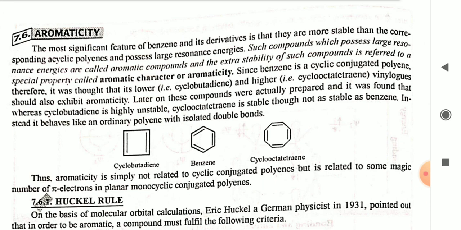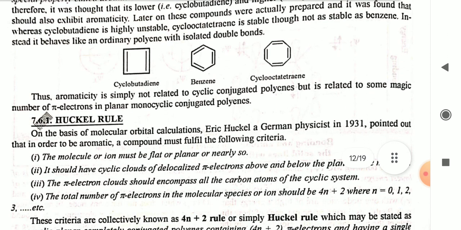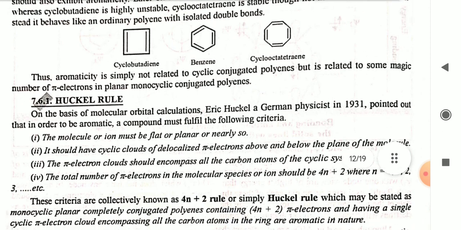Later on, these compounds were actually prepared, and it was found that whereas cyclobutadiene is highly unstable, cyclooctatetraene is stable, though not as stable as benzene. Instead, it behaved like an ordinary polyene with isolated double bonds. Thus, aromaticity is simply not related to cyclic conjugated polyenes, but is related to some magic number of pi electrons in planar monocyclic conjugated polyenes.